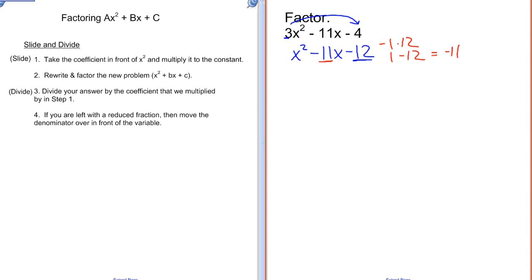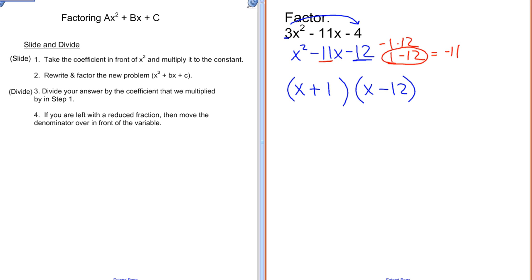So that would be our answer. So we're going to take my factors and we're going to write them in two binomials. So we're going to write x plus 1 and x minus 12. Okay, that's step two, is we took our new problem and we factored it.